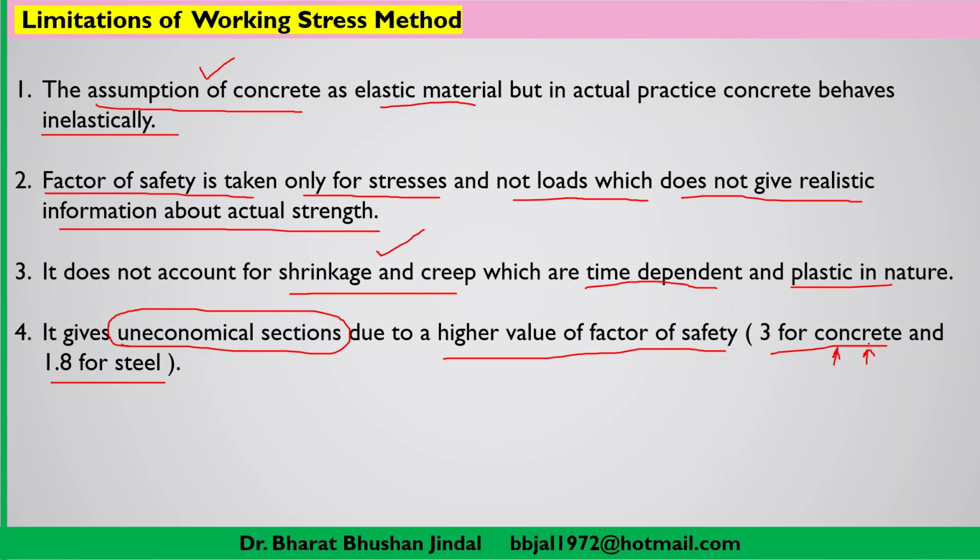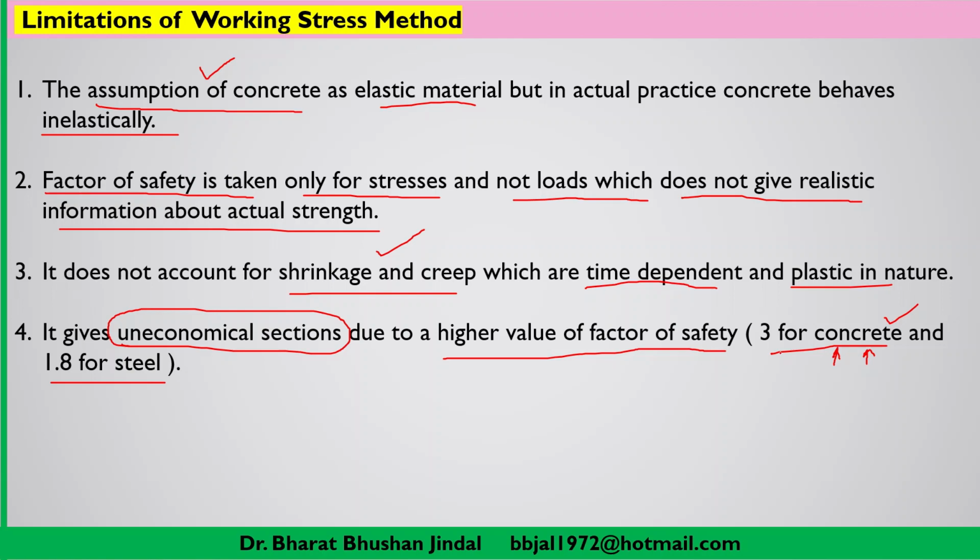Here you can easily understand that by applying a factor of safety of 3, we are actually reducing the strength of concrete by one third when we do the calculations.